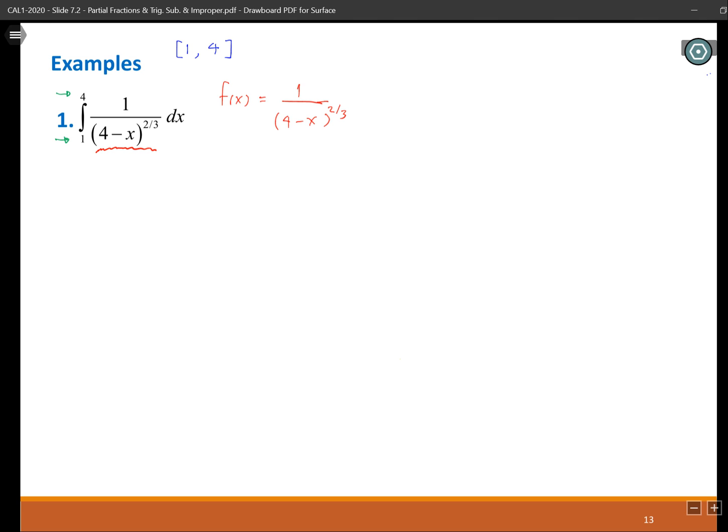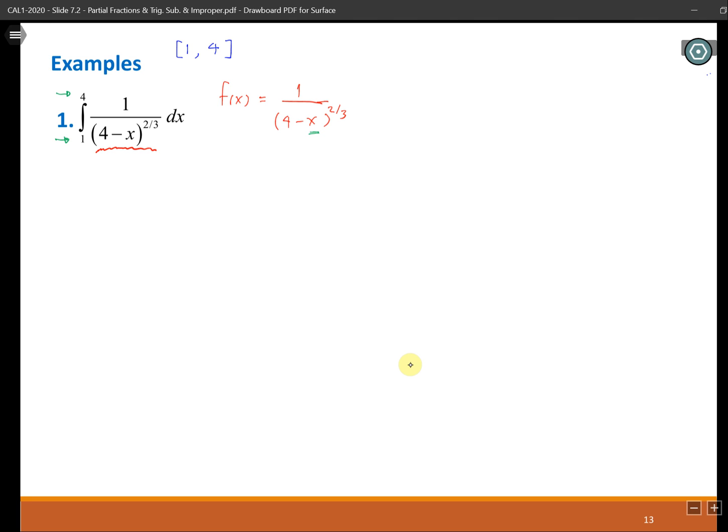Looking at this, we can see clearly that there is one point that makes the denominator go to 0 right here, and that value is x equal to 4. When x equal to 4, we are going to get division by 0, and that's going to make this function go undefined.